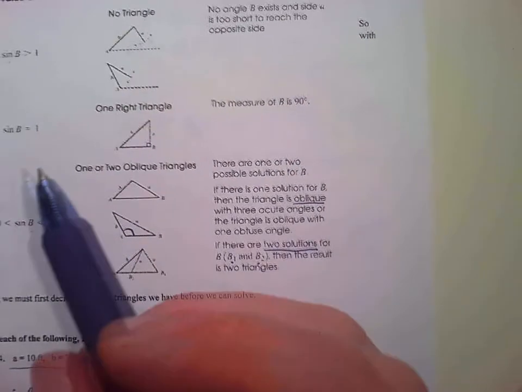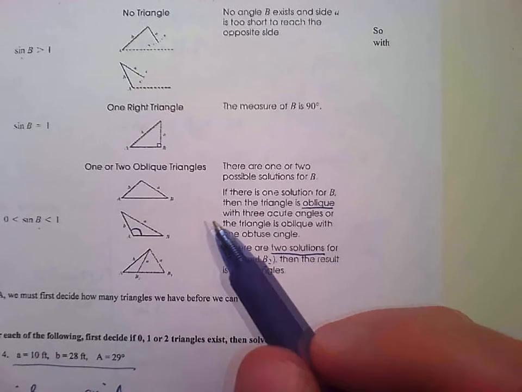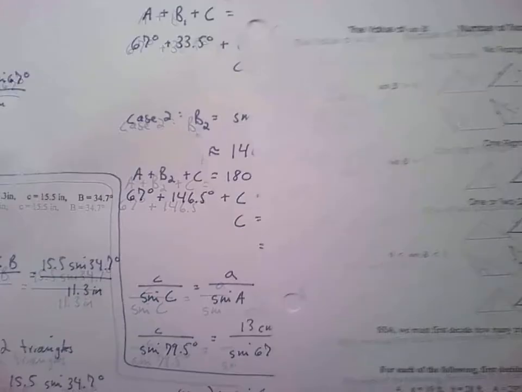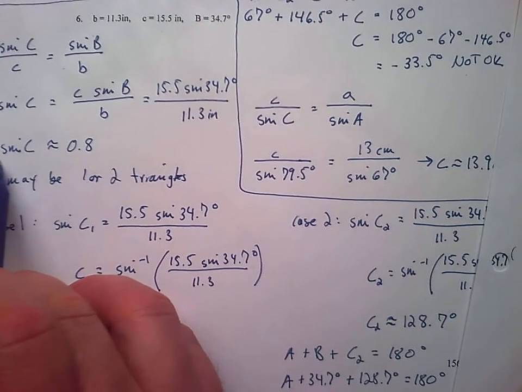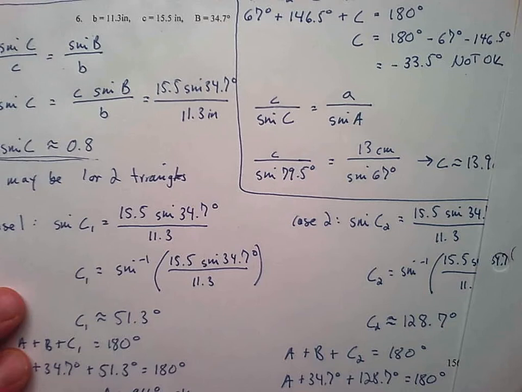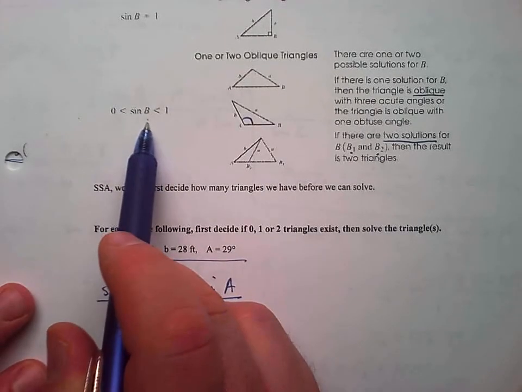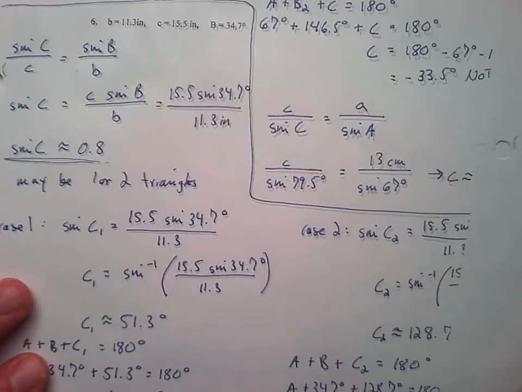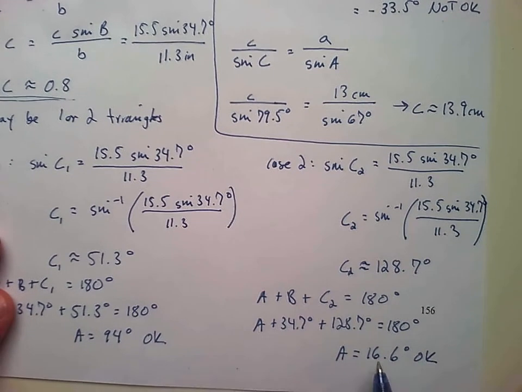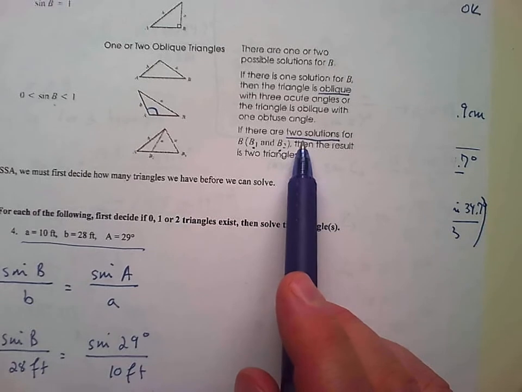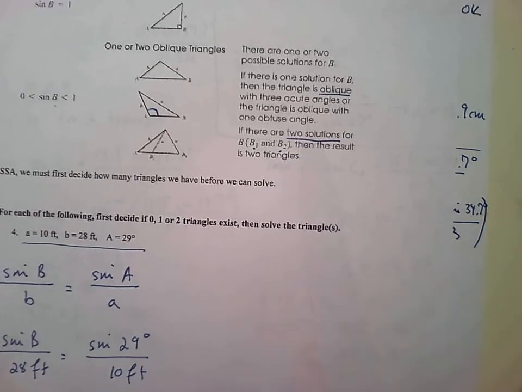So therefore, we only ended up with one triangle. However, down here, we again ended up with the sine of C between 0 and 1. So again, we're right here. But here we have the case that we could have two possible triangles. So here now we have two solutions and we have two possible triangles.